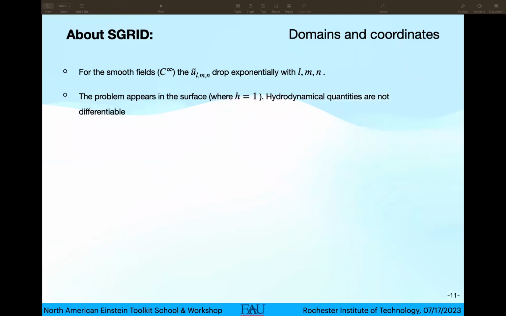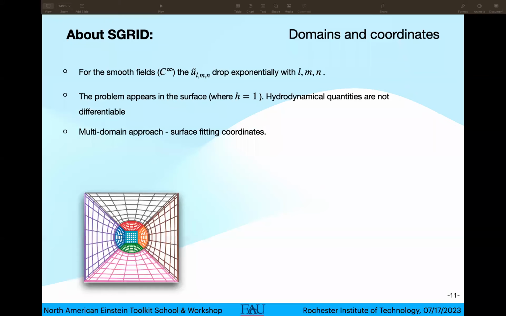So to deal with this problem, of course, we can use the pseudo-spectral method like that to solve it, but it will not be efficient anymore. So there's no reason to do it. But we can deal with this problem by applying a multi-domain approach. We can construct surface-fitting coordinates, and I think this picture explains a lot.